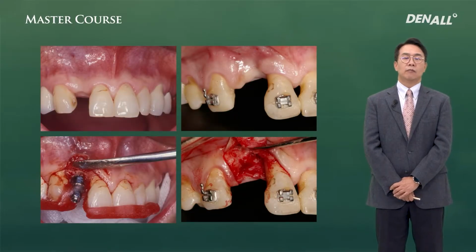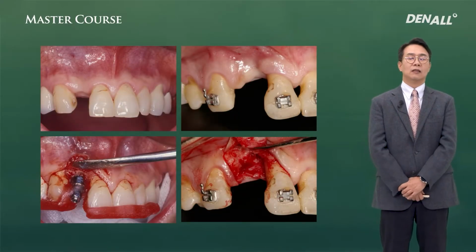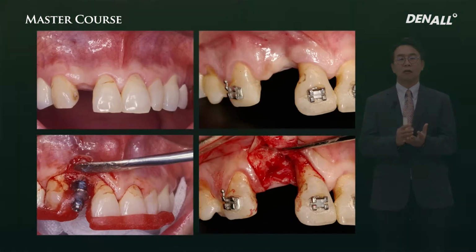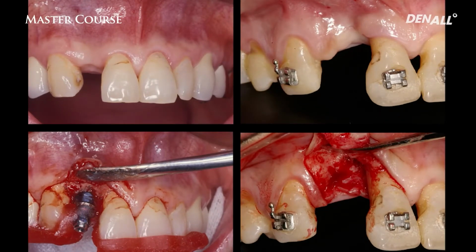On the left and right, the initial status is quite different. In the left, the contour area is higher than the surrounding area, the number 12. But on the right-hand side, at number 12, there's lack of hard tissue and soft tissue. So we need to check what would be the optimal result given the situation.